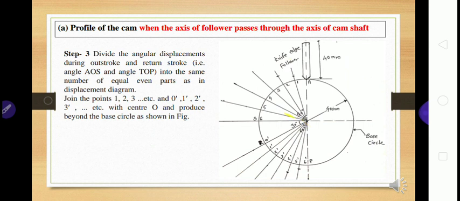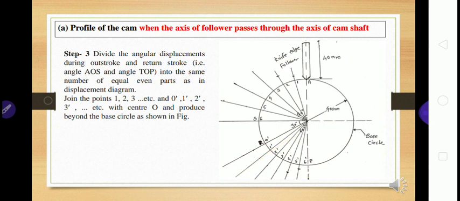How to divide? You know that 90 degrees divided by 6 is 15 degrees. Therefore each angle will be 15 degrees. You have marked the points, joined these lines, and extended these lines beyond the base circle also. For each case, extend these lines beyond the base circle after dividing these angles into equal parts.